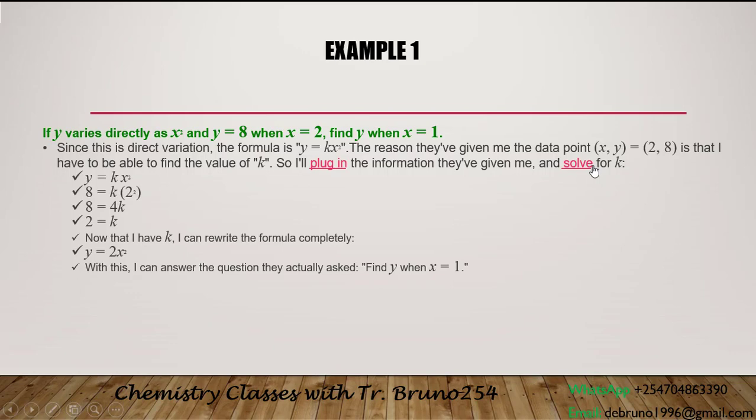We are told to find the value of y, while we have the value of x as 1. Replacing x in the previous formula shown here, we have y equals 2 times the value of x, which is now 1, so we get 2 times 1 squared, and the answer is y equals 2 times 1, and that is y equals 2.